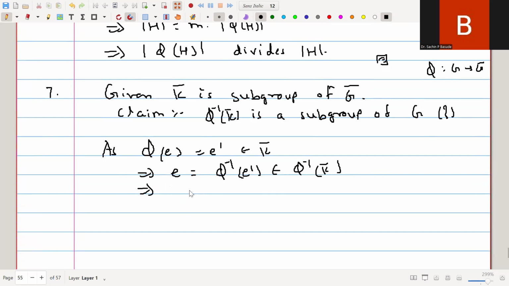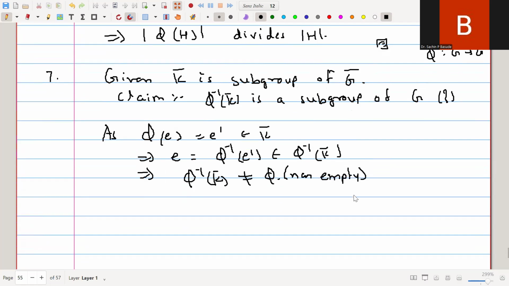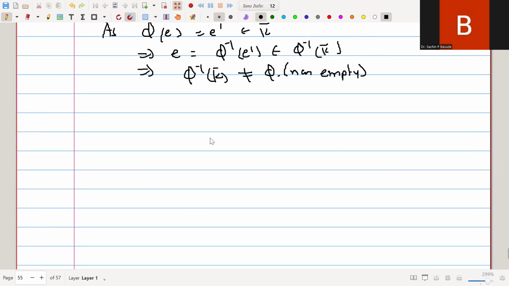This implies phi inverse k bar is non-empty. Yes, first condition.